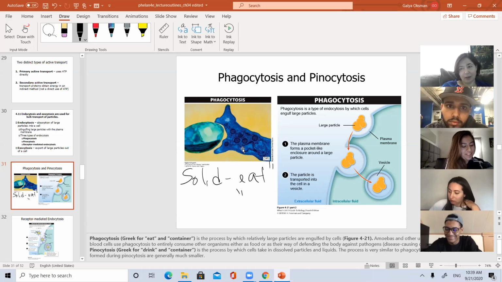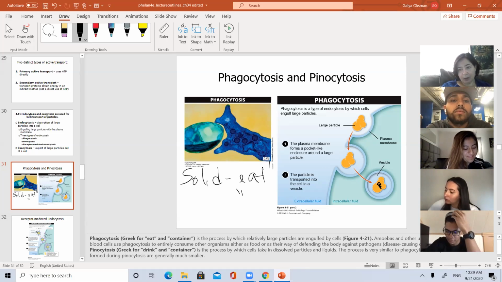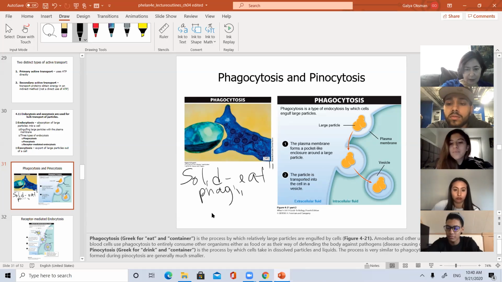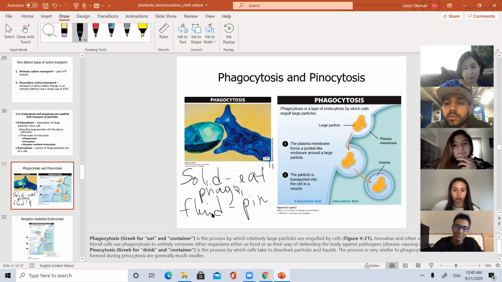Your white blood cells include a group of cells called phagocytes. Swallowing, digesting, phagocytosis. If it's a fluid, this is phago. Fluid, like drinking, that's called pino.